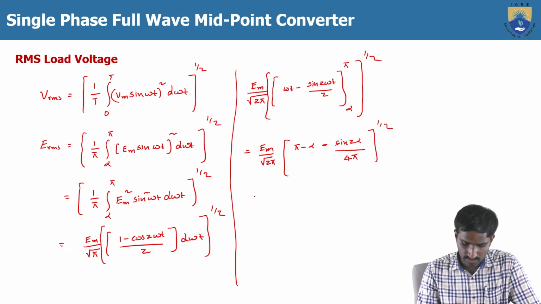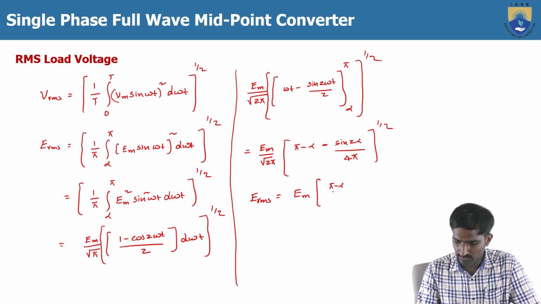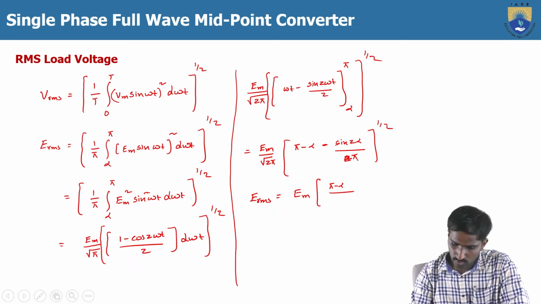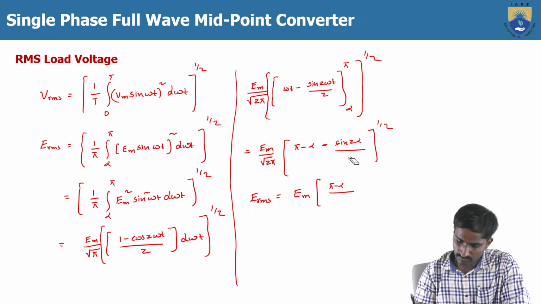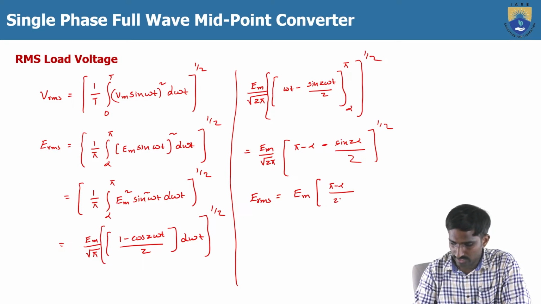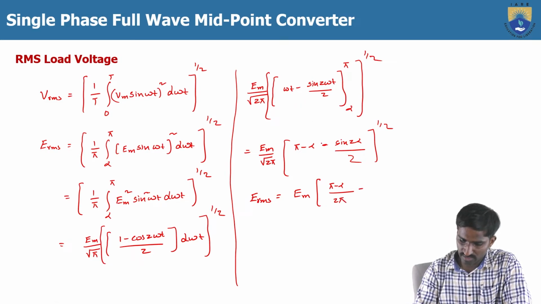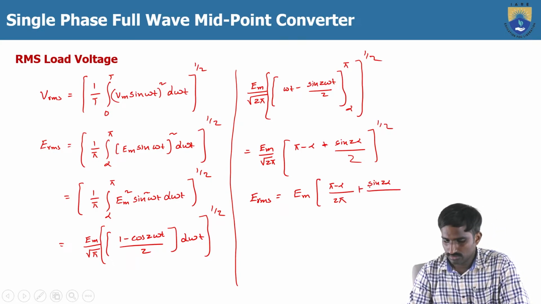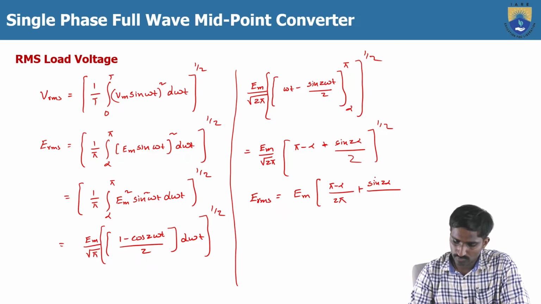Then finally ERMS is equal to Em into pi minus alpha by 2 pi, taking the 2 pi inside, and minus of minus gives plus, so plus sine 2 alpha by 4 pi, whole to the power of 1 by 2.